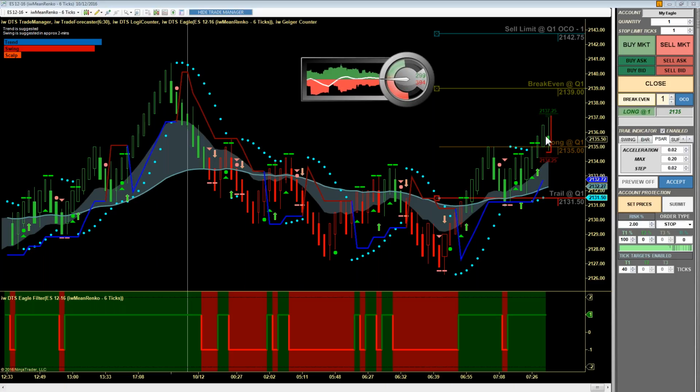Come on, get up there. This is a fairly tight trade for the E-mini. It's too bad because usually Wednesdays are a little bit more active than this. But I guess not on an FOMC day.